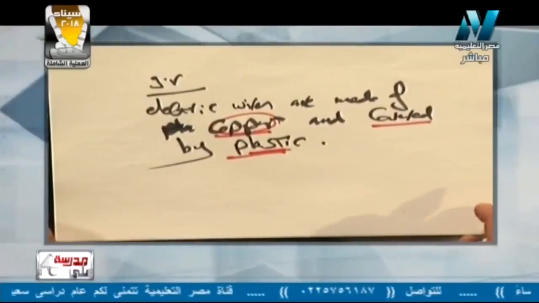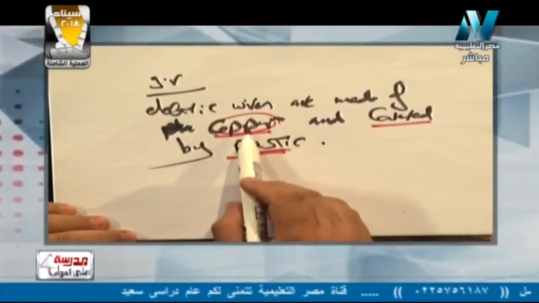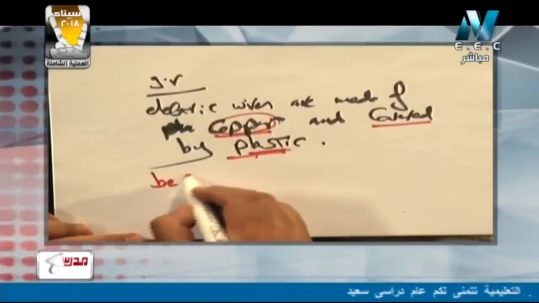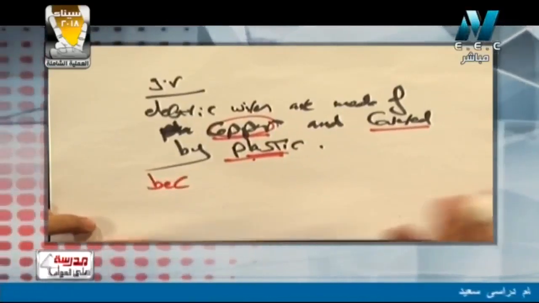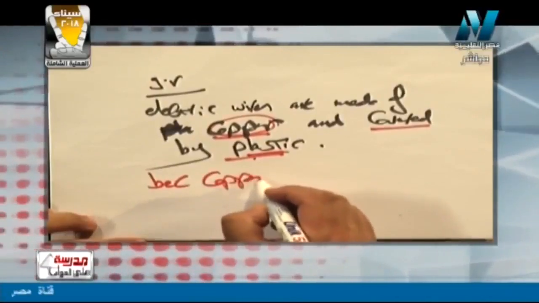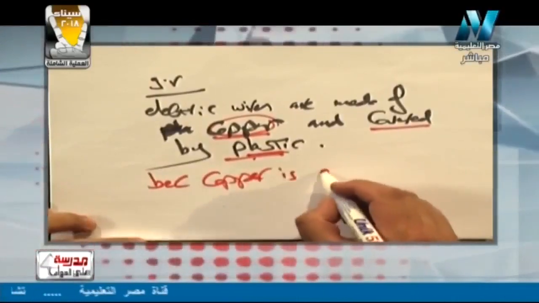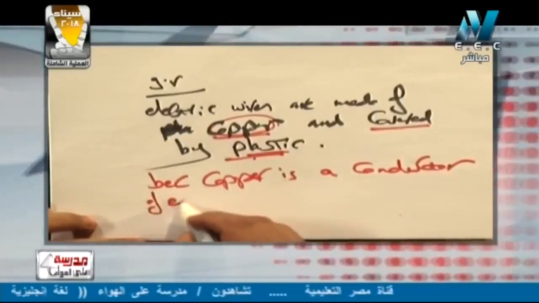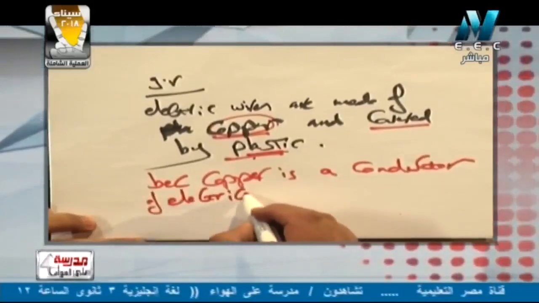So why do I choose the copper for making the wires and the plastic for making the cover? So I have two questions and two answers at the same time. Because copper is a conductor of electricity.